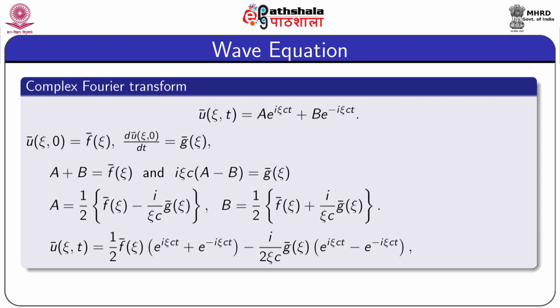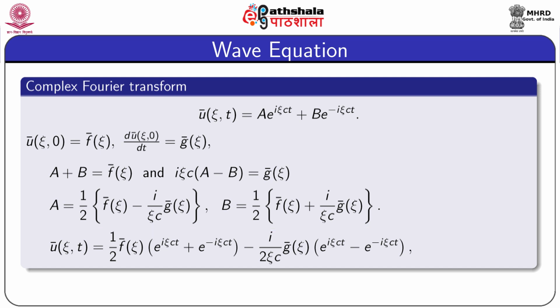From these two equations, we can obtain the values of a and b as a equals half of (f̄ − (i/ξc) ḡ) and b equals half of (f̄ + (i/ξc) ḡ).